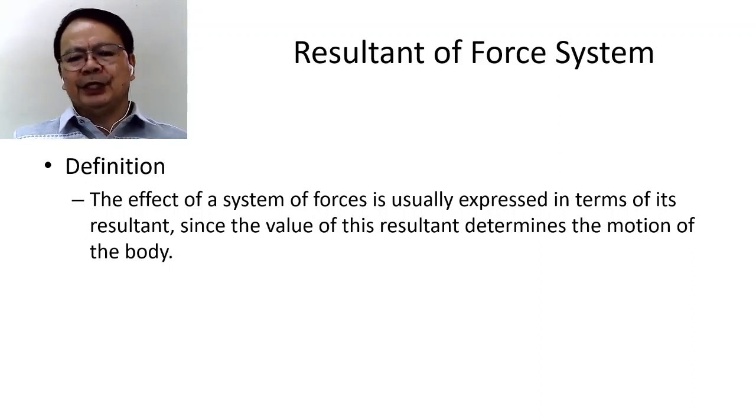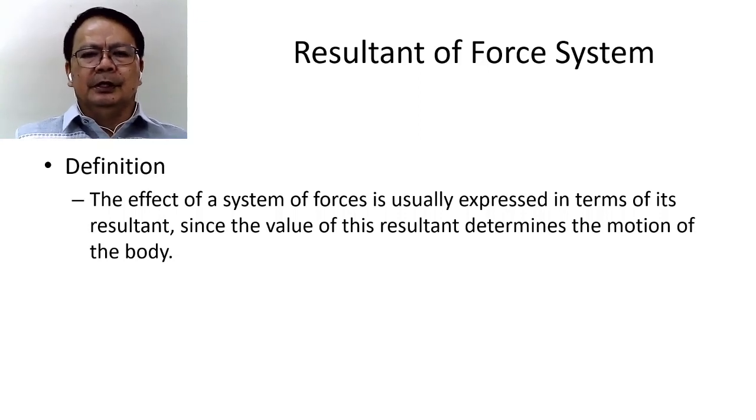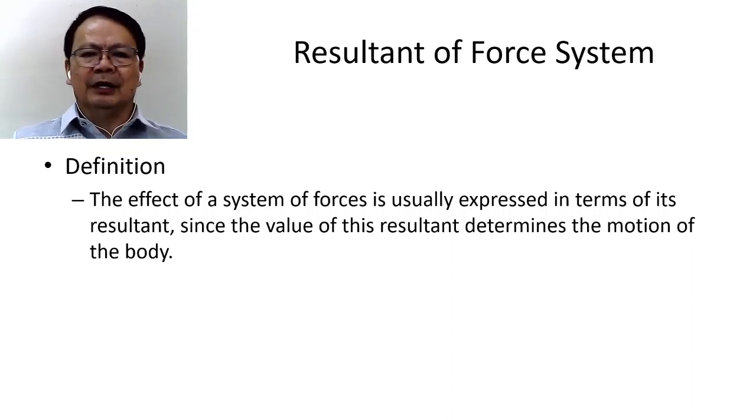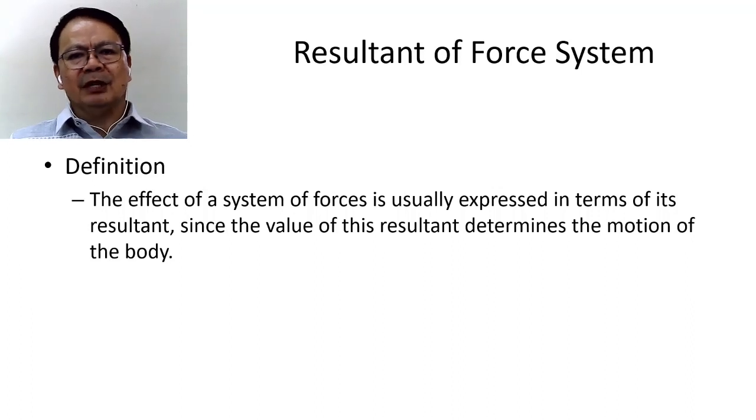So according to the discussion, the effect of the force system is usually expressed in terms of a single force, which is called the resultant. And because this resultant will define the motion or tendency of the body to move, the magnitude and direction of this motion are necessary to be known.